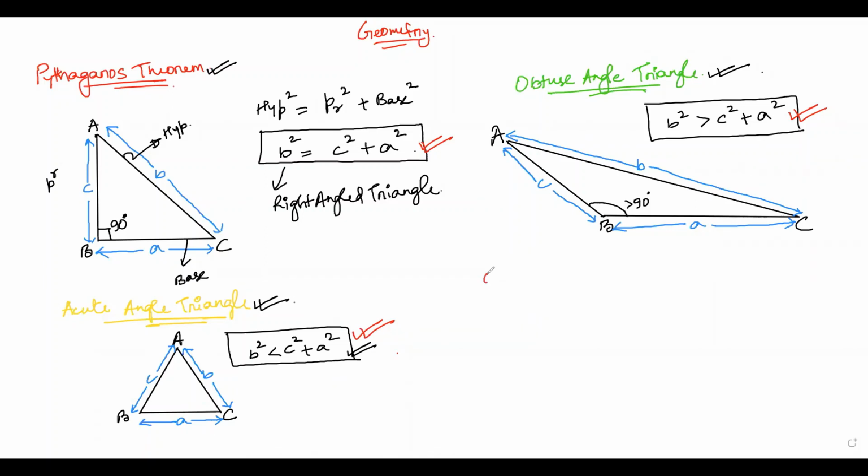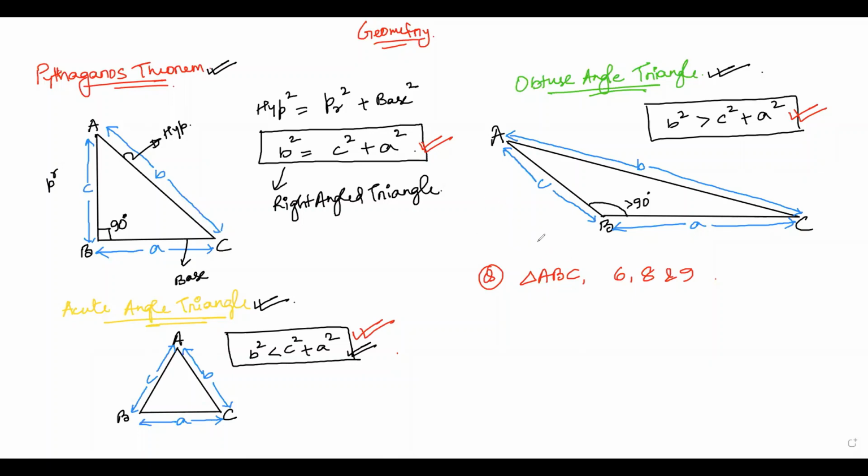Now say it has been given that there is a triangle ABC and the lengths of the three sides of the triangle are given to be, say, 6 units, 8 units, and 9 units respectively, and we need to determine what kind of triangle ABC is. Well, we can directly use this approach.